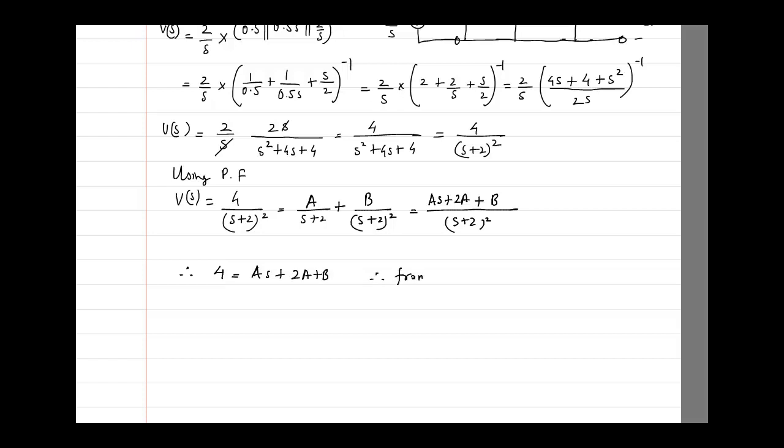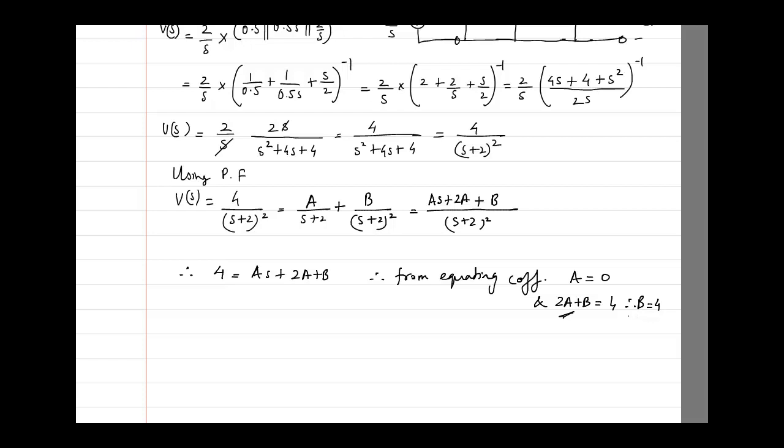Therefore, from equating coefficients, I will get a is equal to 0 and 2a plus b is equal to 4. Therefore b is equal to 4, since a is already 0.